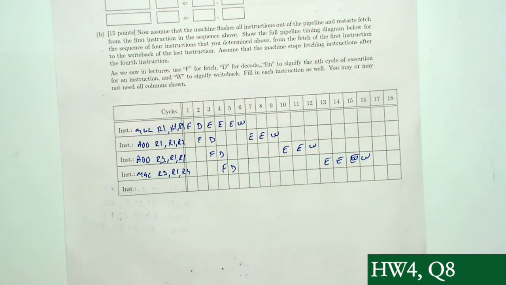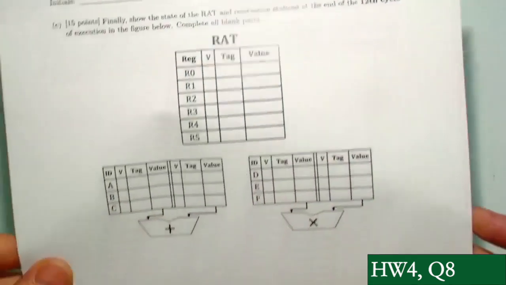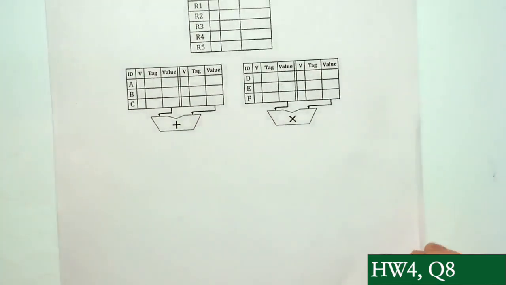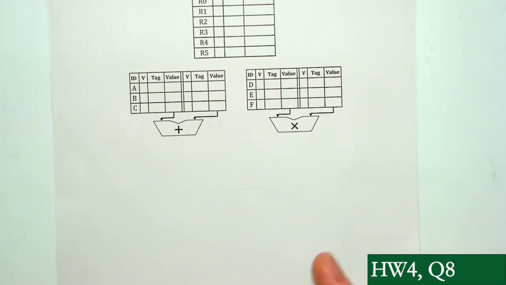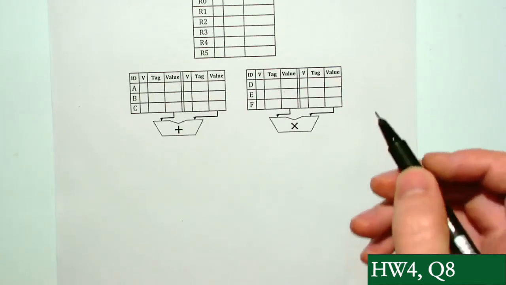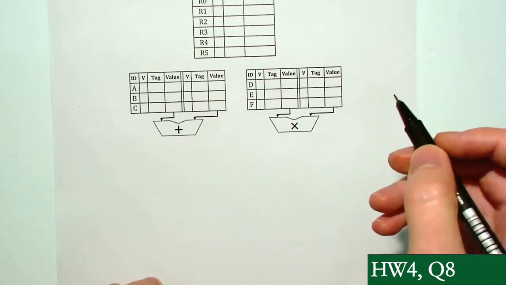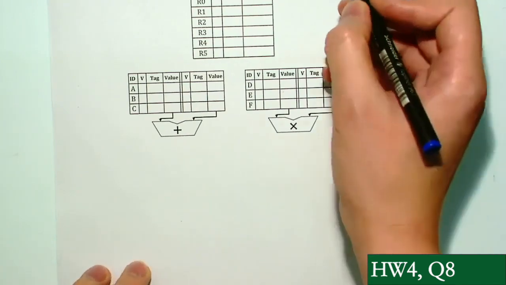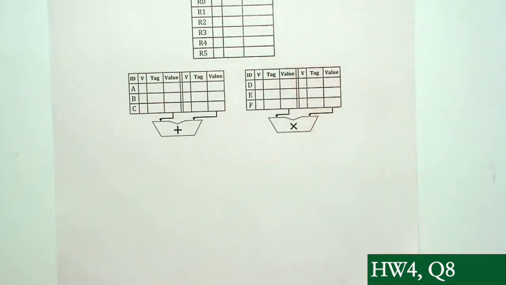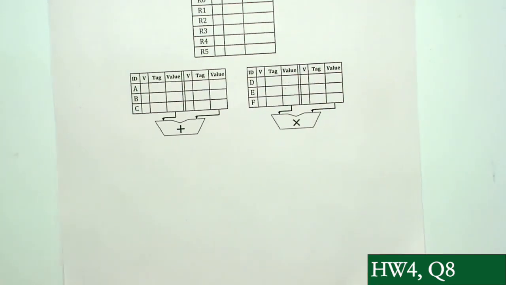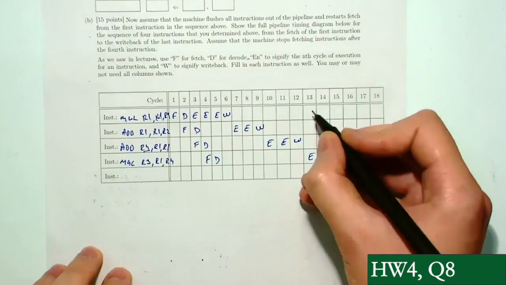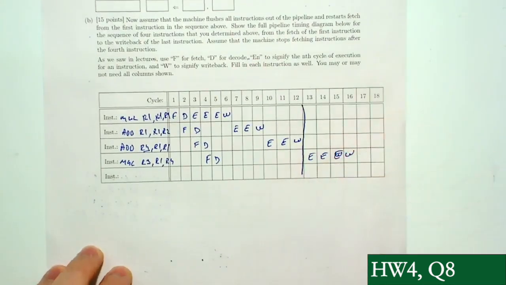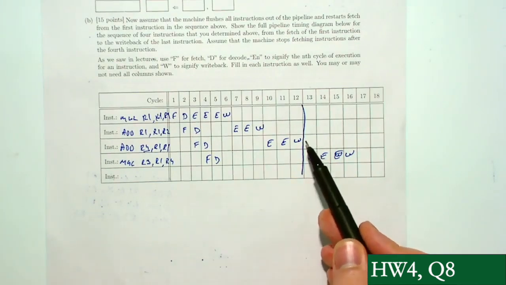Okay. And the last part is updating those two structures based on how they would look at the end of the 12th cycle, basically here. So what happens at the end of cycle 12?